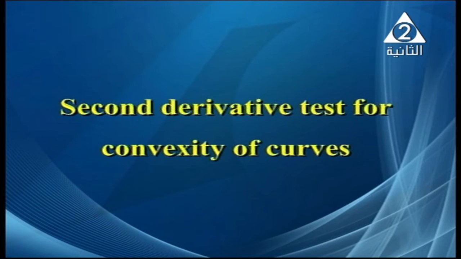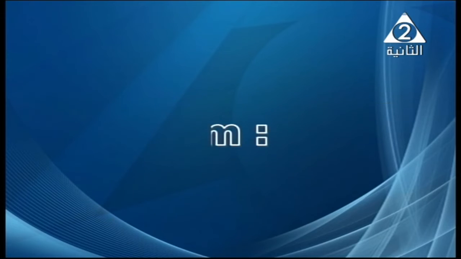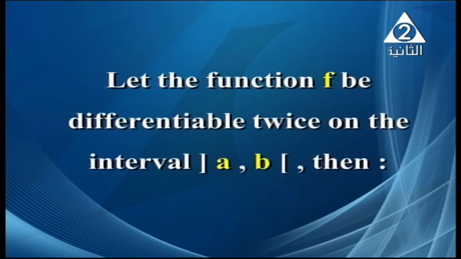Second derivative test for convexity of the curves. By using this theorem, my dear student, we solve for convex down or convex up. Let the function f be differentiable twice, with a second derivative, on open interval AB.